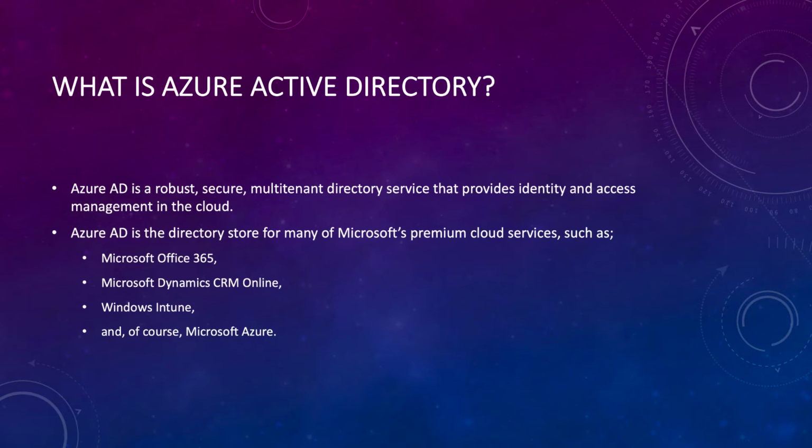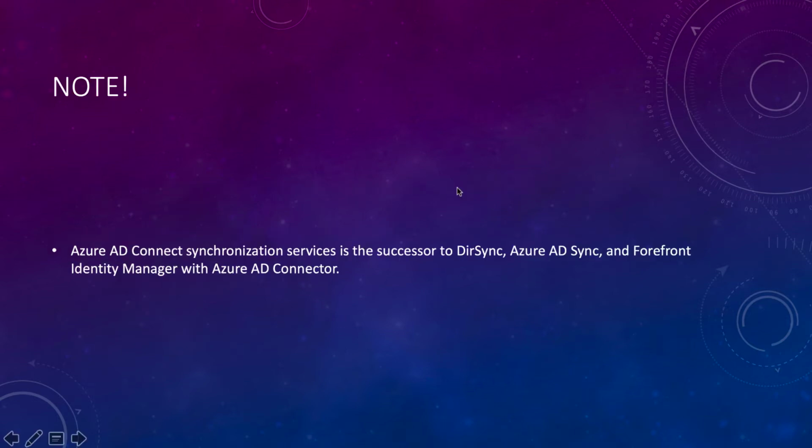If you already have Active Directory on-premises, the users and groups can be synchronized to your Azure Active Directory by using Azure AD Connect. Note that Azure Active Directory Connect synchronization services is the successor to DirSync, Azure AD Sync, and Forefront Identity Manager with the Azure AD connector.